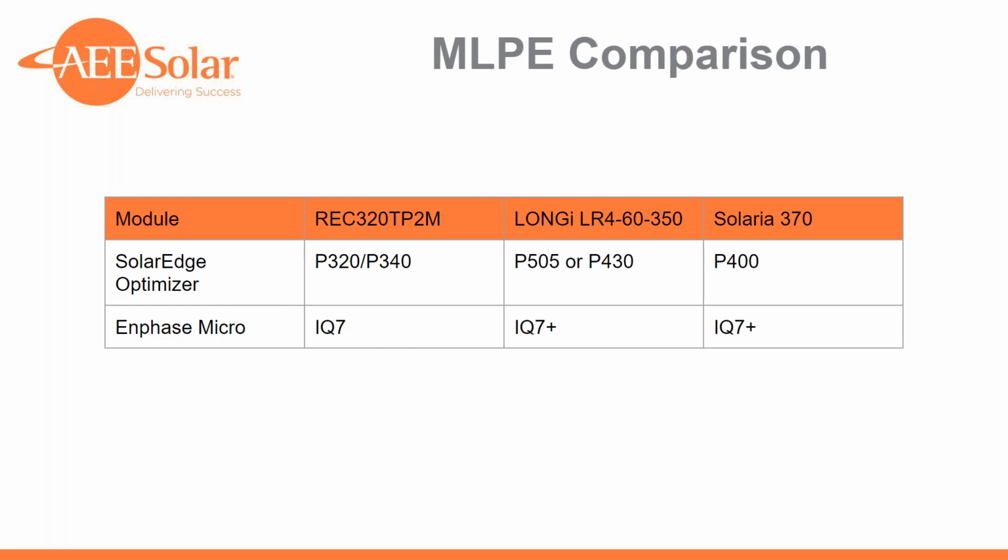So you're starting to get to the point where you're running a pretty aggressive AC to DC ratio, and I suppose at this point you'd be tempted to think about the IQ7X or the IQ7A. And I say both of those because I'm not super familiar with the Solaria P3 or the Solaria 370 and the ratio of wattage to voltage to current there.